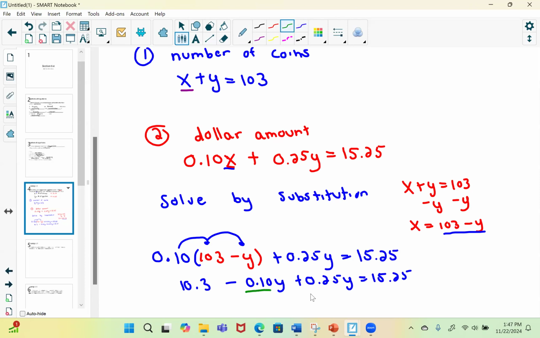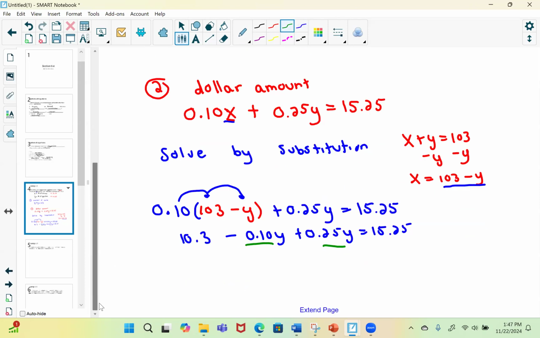Combine my like terms here and here. Okay, so I get 10.3, and then I'm gonna do negative 0.10 plus 0.25, which gives me a positive 0.15y equals 15.25.